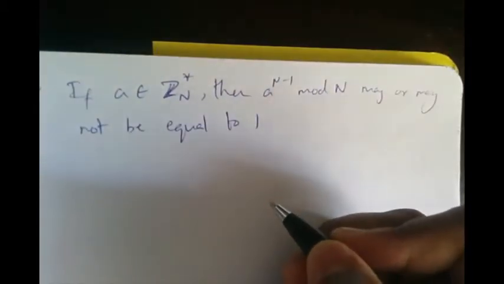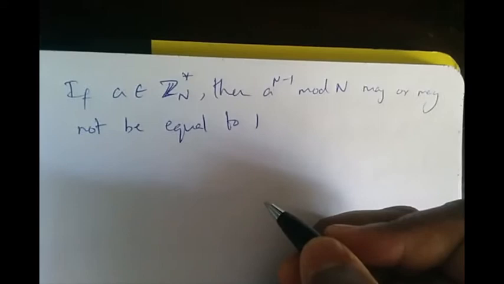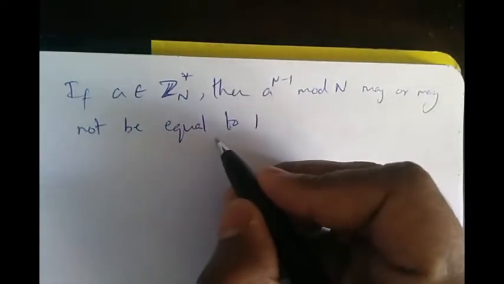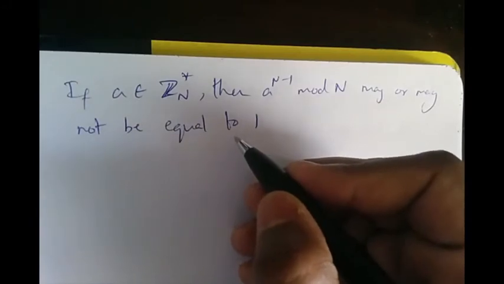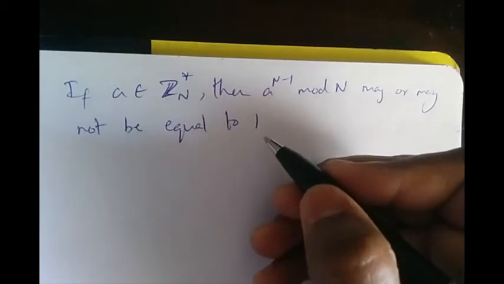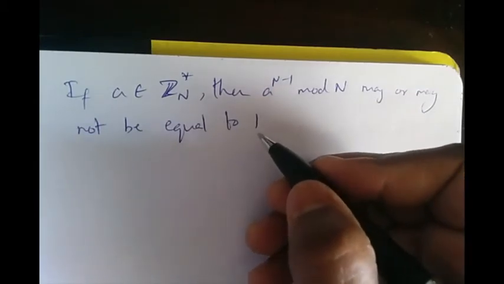So it doesn't give us any information about the primality of n. If it is not equal to 1, then we know that it is definitely not a prime, but it may be equal to 1 also. So it doesn't give us any information.